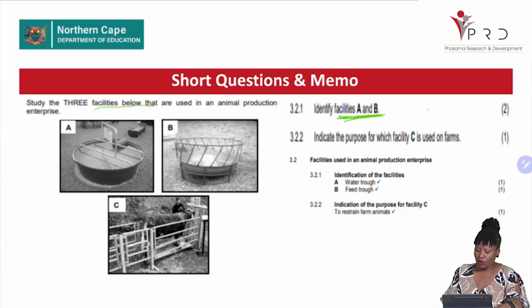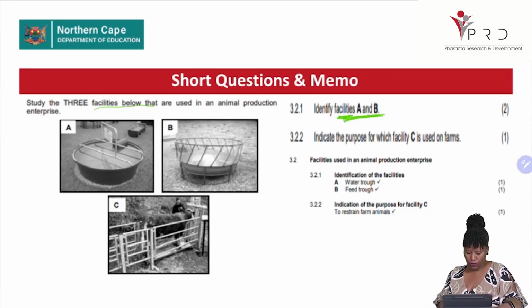But what is the question? You must identify the facility, not what it is used for. Okay? So A is a water trough, and B, there is feed there, so it's a feed trough.